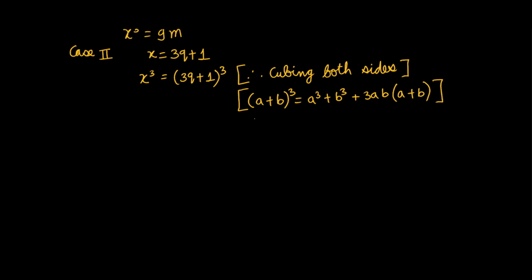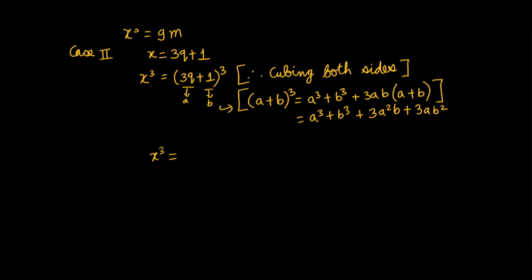So we can write it as a cube plus b cube plus 3a square b plus 3ab square. We will take this one as a and this one as b from this formula.